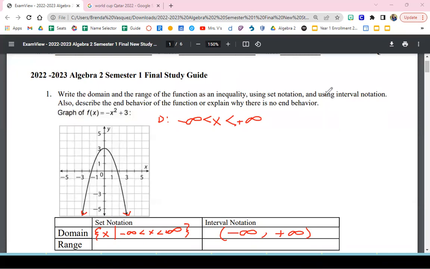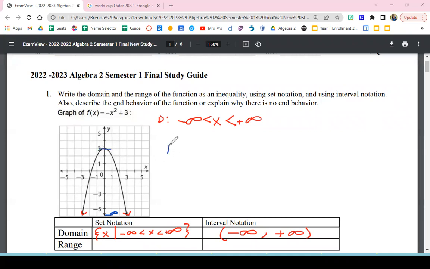Range. Range includes what values? The y values. So we're going to look up and down. So in this case, our lowest point is what? We have arrows. -infinity, because it's all the way to the bottom. So -infinity, and it goes all the way up to 3. 3 is our highest point.